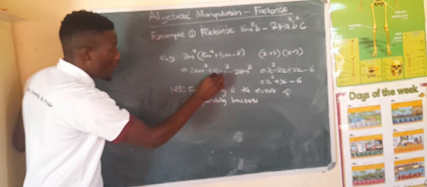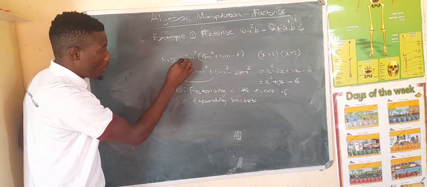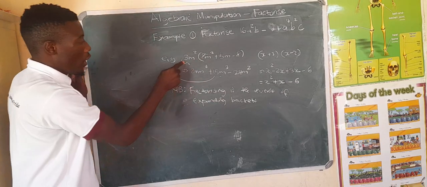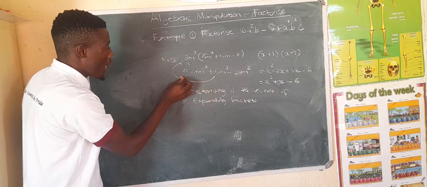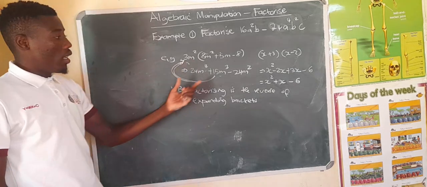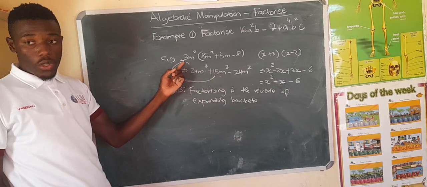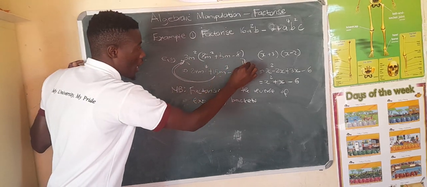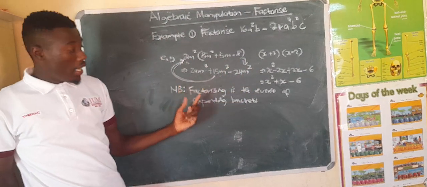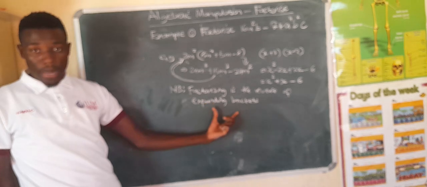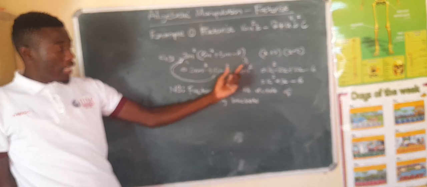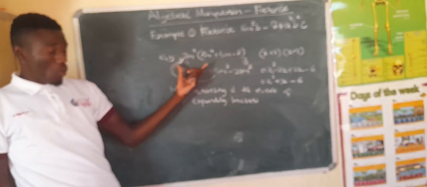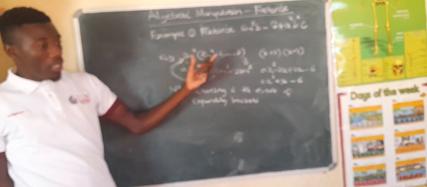So now, factorizing, if you factorize this one, it will bring us here. If you expand this one, it will bring you here. So factorizing is the reverse of expanding brackets. You have expanded like this, then when you reverse it, you have factorized it.